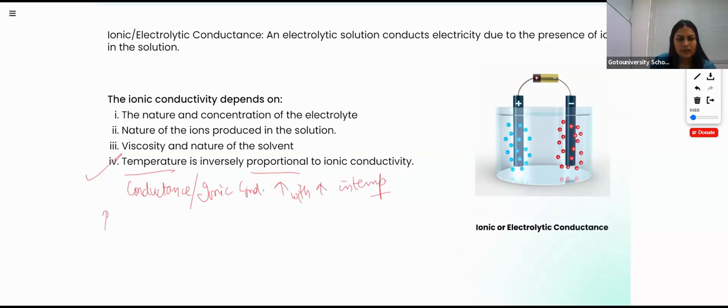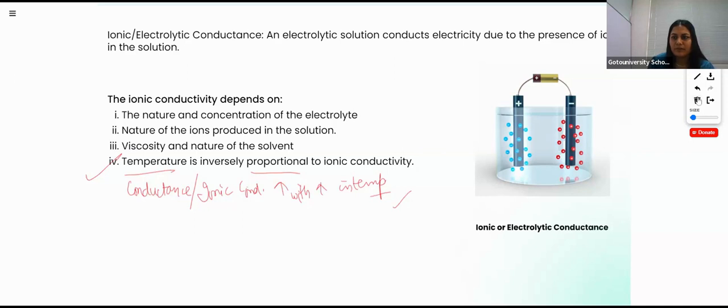How? See, with the passage of current through an electrolyte, changing its composition through electrochemical reactions, if the current is passing through an electrolytic solution at high temperature, its conductance will increase.